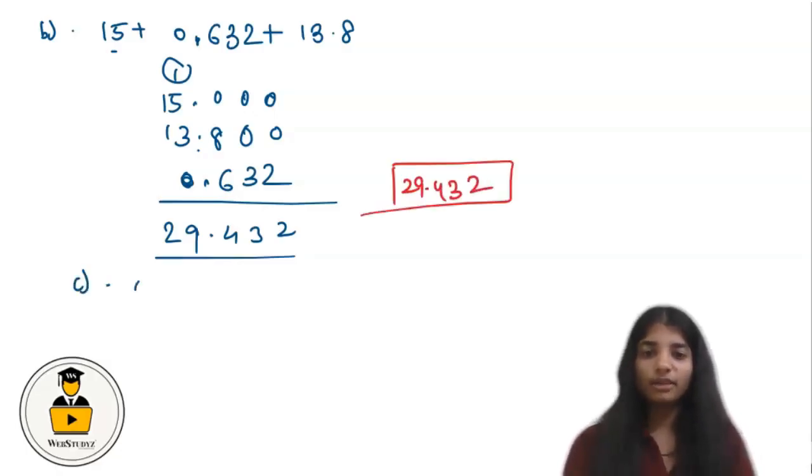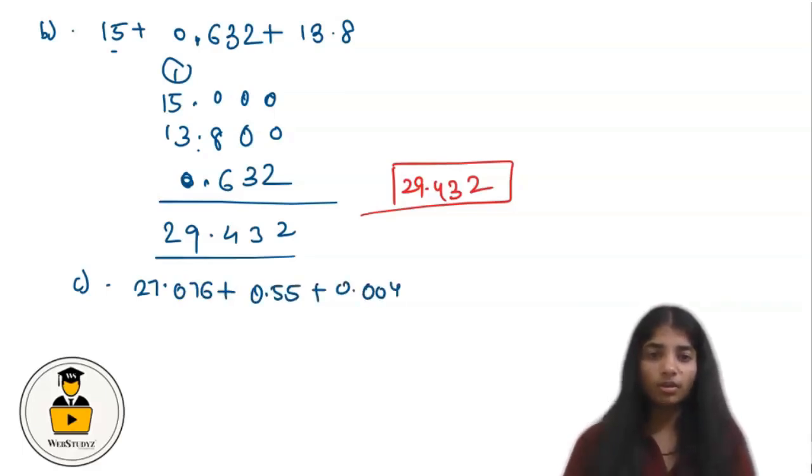Part C is 27.076 plus 0.55 plus 0.004. We are going to add this. Let's start with the term which is greatest here, that is 27.076.